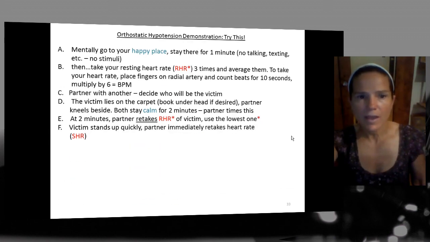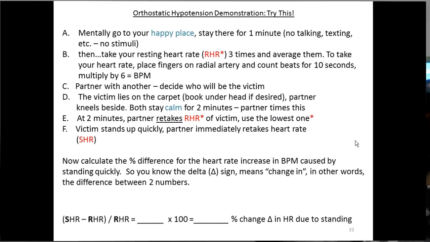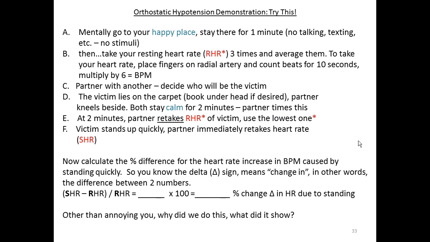And then this is an exercise you can do. Obviously, I did this in class to determine how fast your heart has to compensate to just stand up. Orthostatic hypotension is actually a condition where people, if they get up too fast, will pass out. Hypotension means low blood pressure.